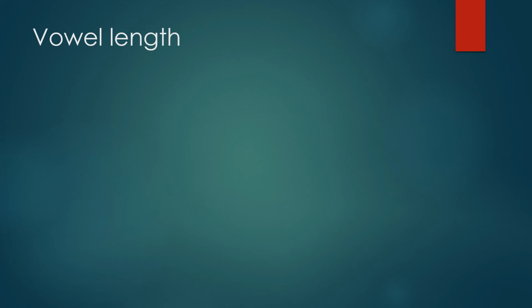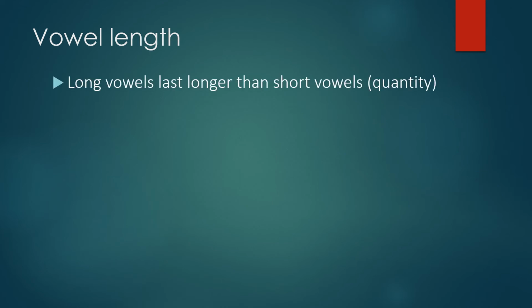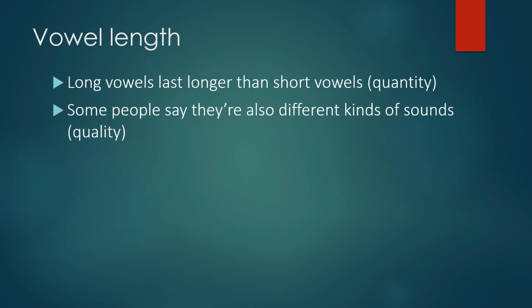More about vowel length. As you might have gathered, long vowels last longer than short vowels. They are pronounced longer, and we refer to this as the vowel's quantity. And again, some people say that different sounds get produced as it's pronounced longer, and so this change is referred to as a qualitative change.